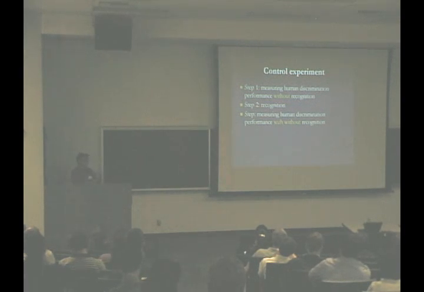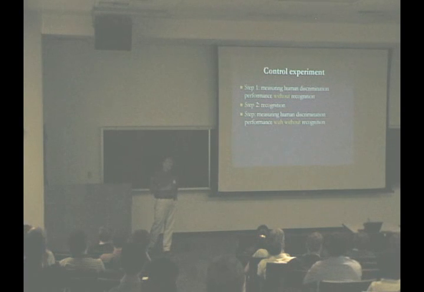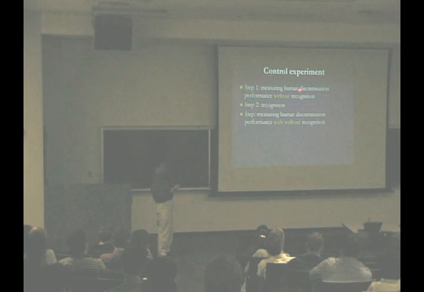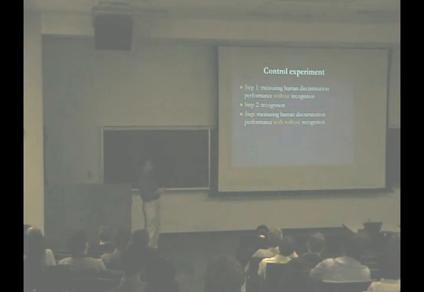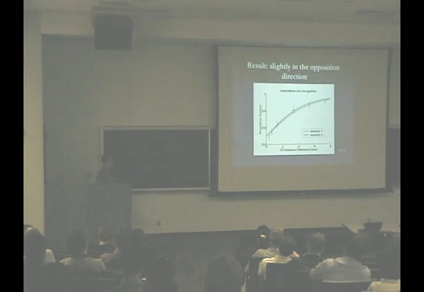But of course, we need to do control experiments, as in typical psychophysics. First, we wanted to see if the effect I just showed you had anything to do with recognition. So the simple control is we repeat step 1, measuring the performance of stereo depth discrimination, and step 2 we skip. We do not show that movie. Then in step 3, we measure again. If there is any learning effect unrelated to recognition, then we can see that.